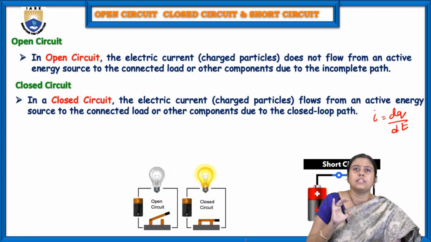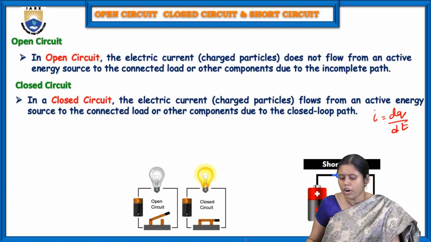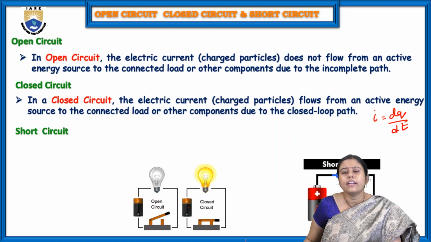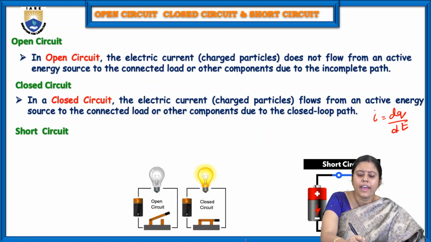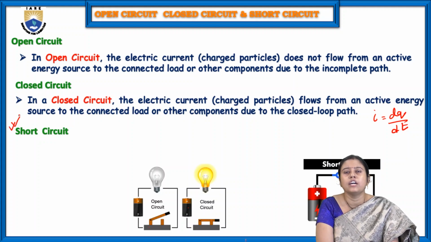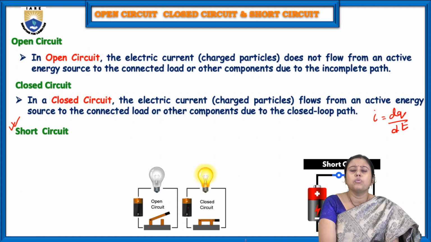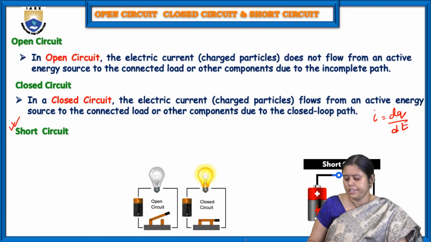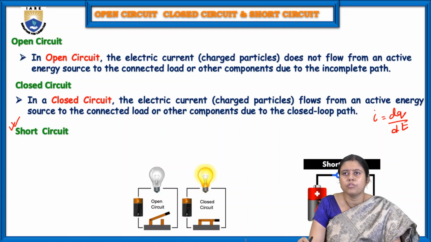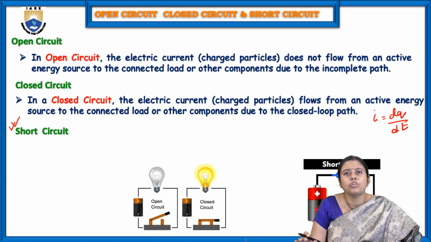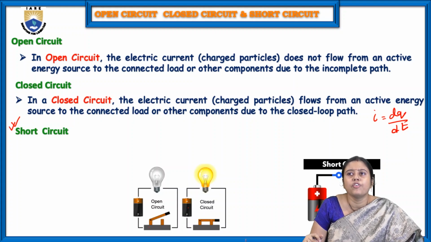Now one more thing comes: what is called the short circuit condition? In our network analysis subject, we will get a lot of examples of the short circuit. You can see here there is an active source but there is no voltage drop. What is the meaning of a load? Load means when current flows through anything, if there is any voltage drop, we can call it a load.